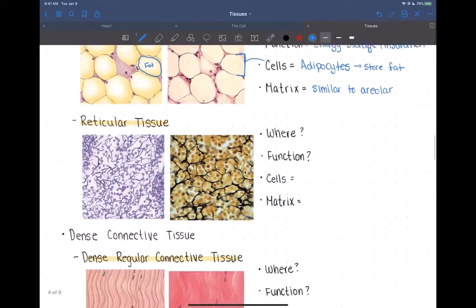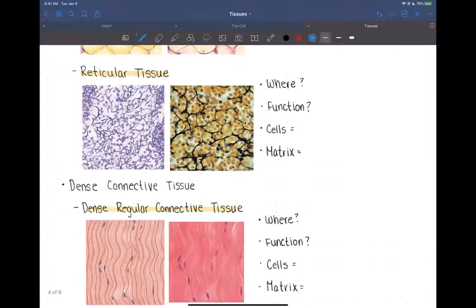All right, and then we have reticular tissue. This is going to be one of the few times we'll actually have reticular fibers. With reticular tissue, this is going to provide, like I said, kind of that framework, like the studs on a house, for some organs. Those organs would be lymph nodes, your spleen, and your bone marrow.